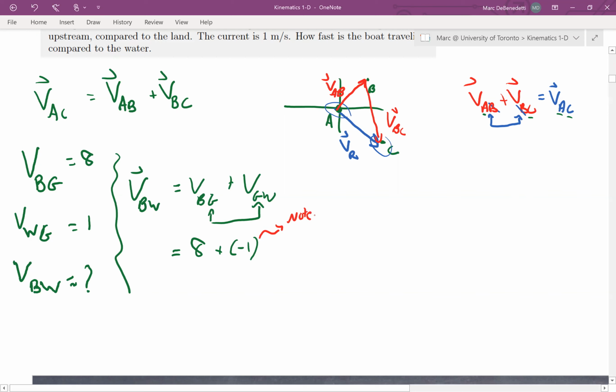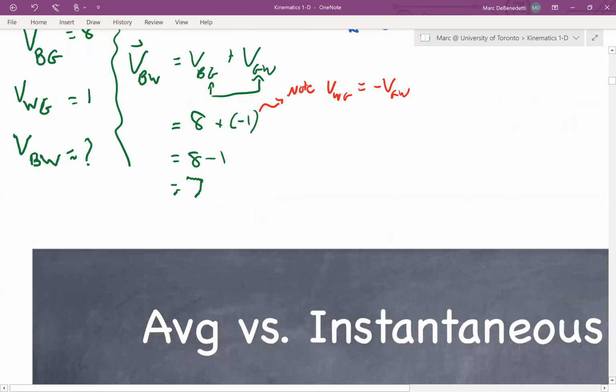Note that VWG equals the negative of VGW. So there we have it. Overall, this is going to be 8 minus 1, which equals 7 meters per second. And this is the speed of the boat compared to the water.